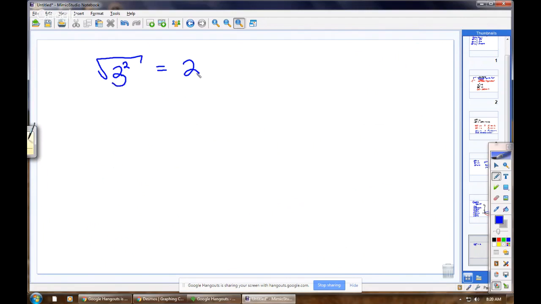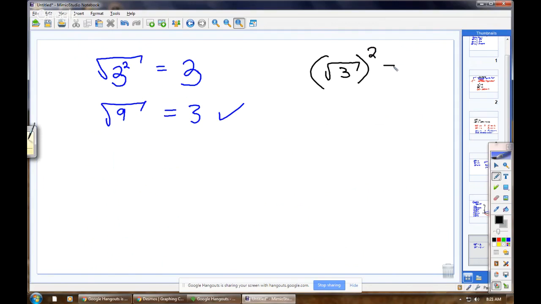If I put a 3 in there, this will be a 3 back. Double check. 3 squared is 9. Square root of 9 is definitely 3, right? So it checks out. So the root and the power cancel, and it doesn't matter what order I do that in. So if I were to take the square root of 3 and square it, I'm still going to get 3 back.